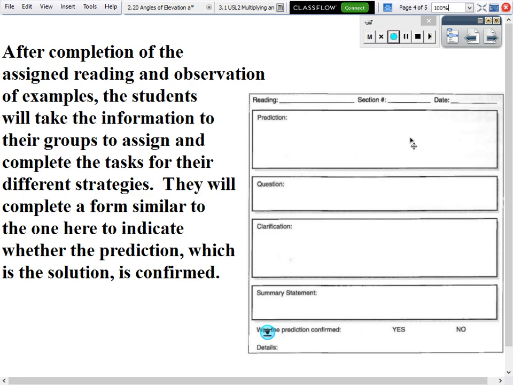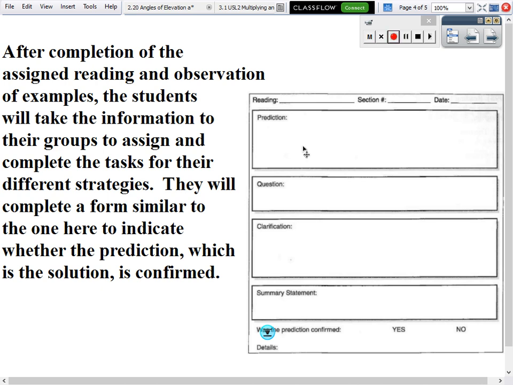So this is generally the form that we would be looking at, and of course this can be changed and modified, but ultimately what you're doing is applying some of those summarization techniques that you had learned in the writing component of it and filling out your part of it as you assign different pieces of this, and maybe even rotating the assignment so everybody gets a chance to fill out one of the strategies themselves.